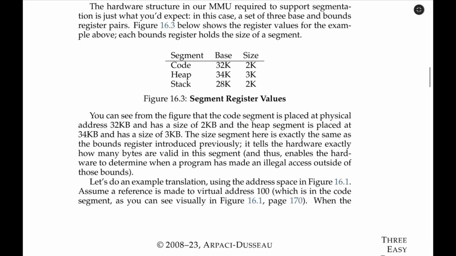You can see from the figure that the code segment is placed at physical address 32 KB and has a size of 2 KB, and the heap segment is placed at 34 KB and has a size of 3 KB. The size here is exactly the same as the bounds register introduced previously. It tells the hardware exactly how many bytes are valid, and determines when a program has made an illegal access outside of those bounds.